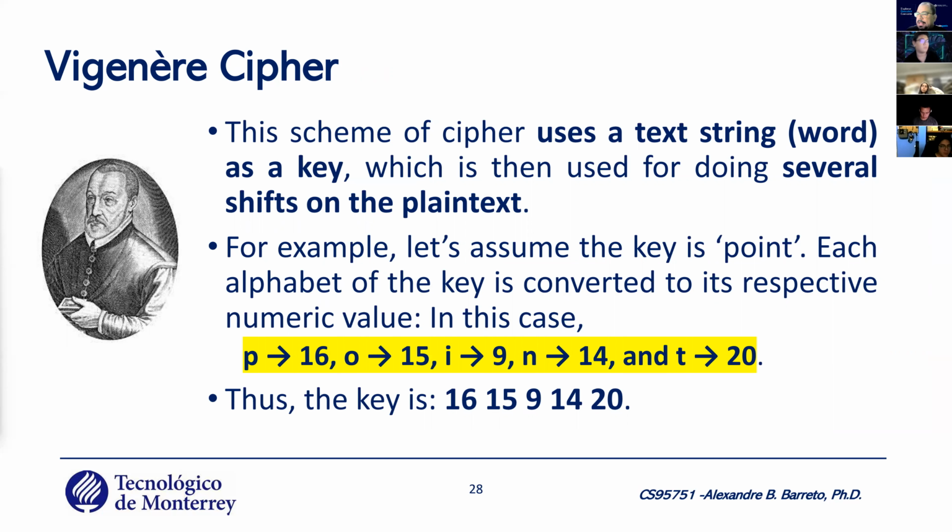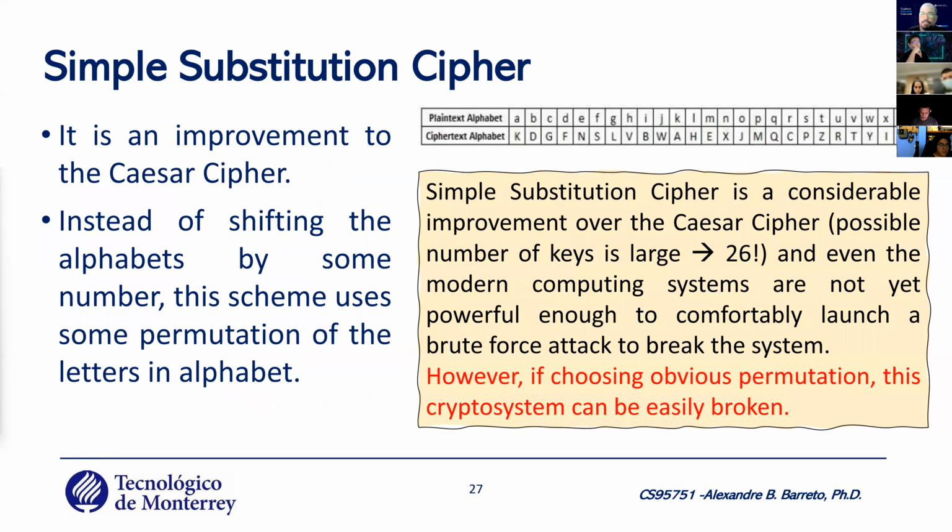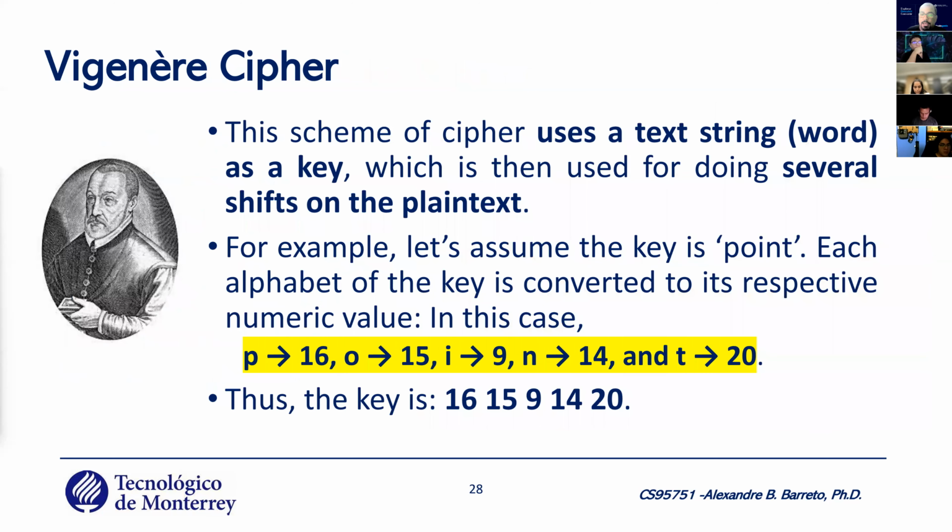For example, a word. For example, POINT is a key. You replace P with 16, O with 15, using this alphabet here, the plain text alphabet. What does it mean?